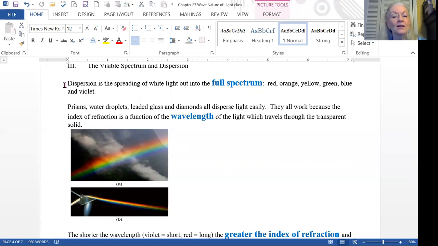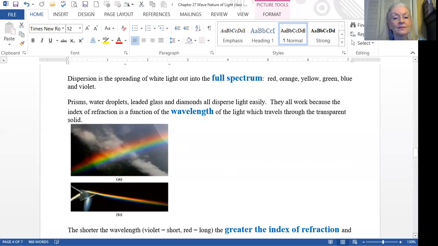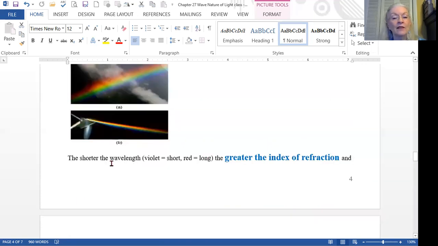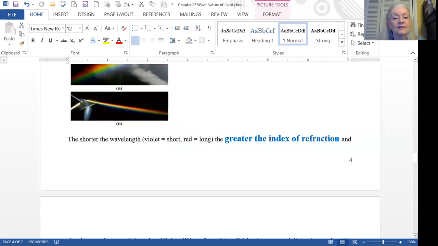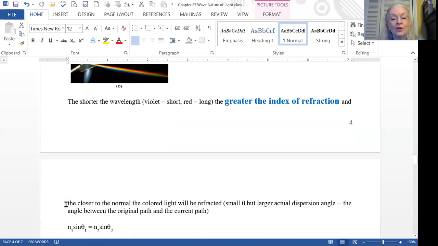They work because the index of refraction is really a function of the wavelength of the light. So every color actually moves through a transparent material at a slightly different speed and spreads out at a slightly different angle. The shorter your wavelength, so violet is short and red is long, the larger your index of refraction, and the closer to the normal your colored light is going to be bent or refracted.